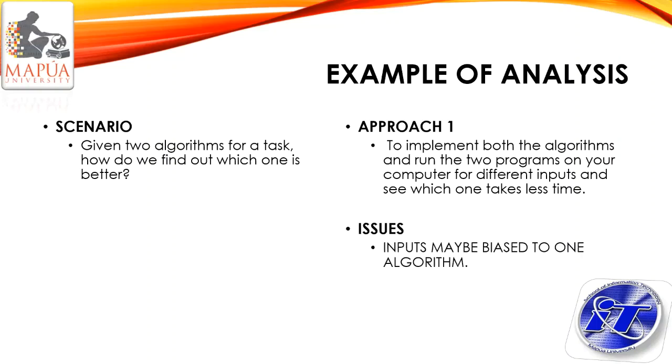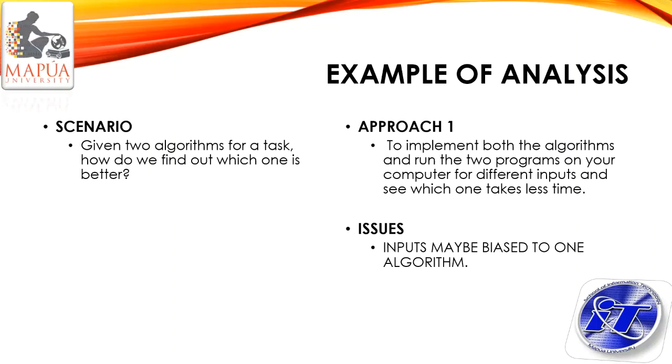One is some of the algorithm are dependent with the input. So some input will be biased on one algorithm or it will be against another algorithm. So therefore, it's not equal. So therefore, the result will be biased to one algorithm.